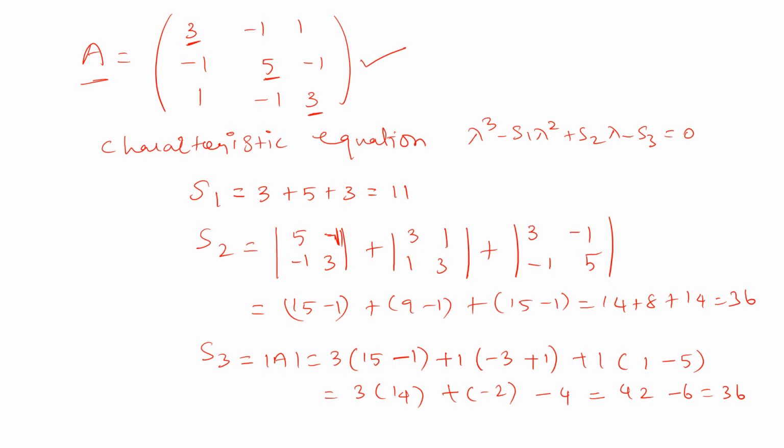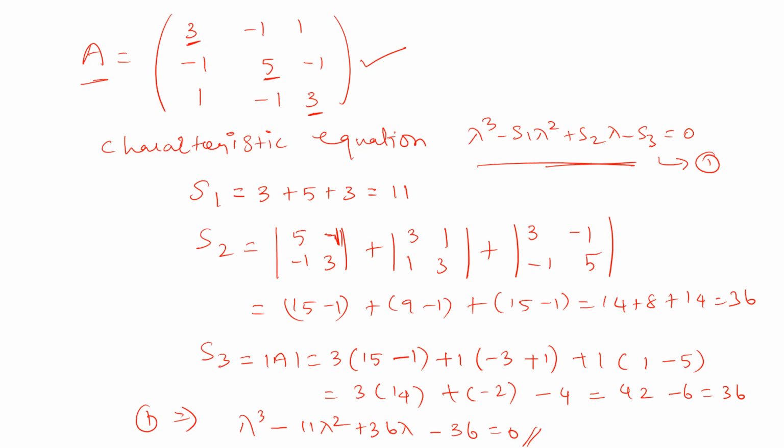So the corresponding characteristic equation is lambda cube minus 11 lambda square plus 36 lambda minus 36 is equal to 0. So from here you get the characteristic equation. Next, find the roots of this equation as the eigenvalues.